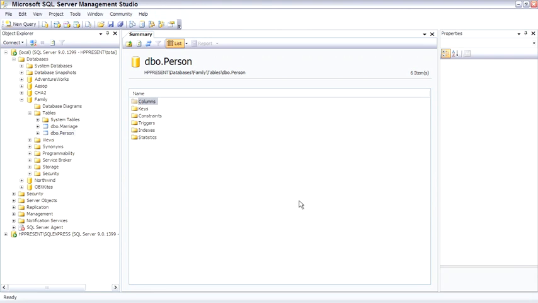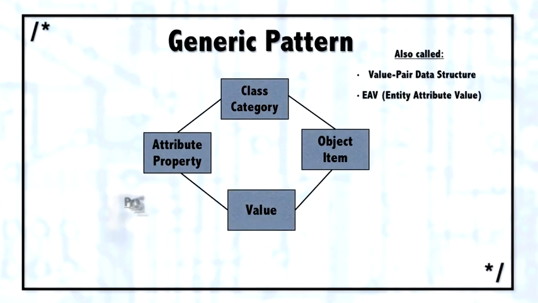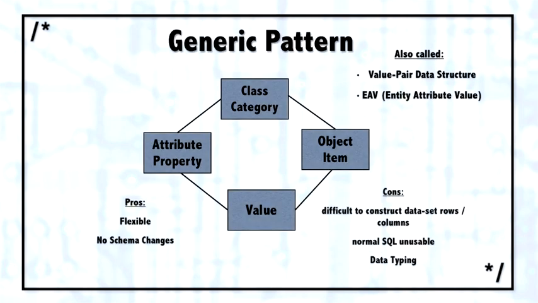The last pattern I want to mention, and I don't really recommend this pattern, but I see it often, is a pattern called the generic pattern. It's also called the value pairs pattern or the EAV, meaning entity attribute value pattern. The idea of the generic pattern is that there's only 4 tables. One table holds a listing of all the categories or groups or classes. In the object table, or sometimes called the item table, there would be one row for every item, regardless of the class or category.